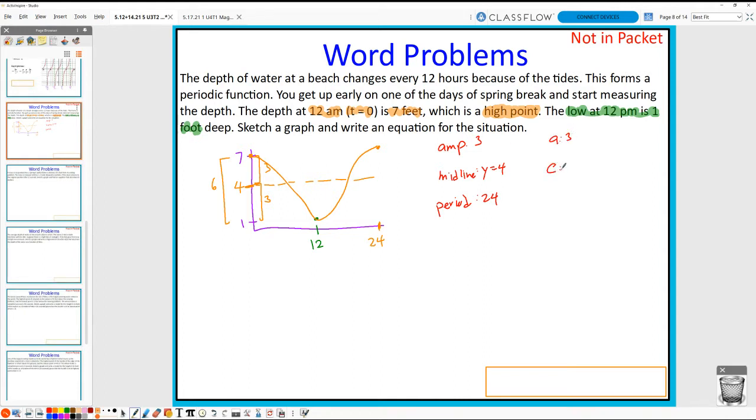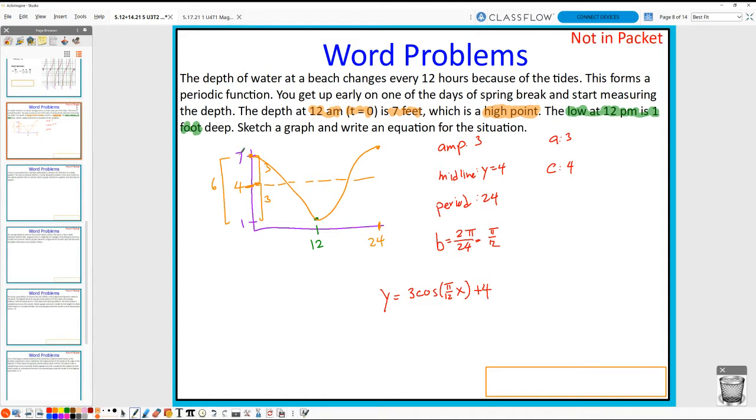And this tells me my C value is 4. I need to do a little bit more work here. B is equal to 2 pi over the period, so 24. But not too much work. Pi over 12 is equal to B. And so if I write this equation out, y is equal to my A value is 3 cosine of pi over 12 x plus 4. That's the equation of this particular word problem.